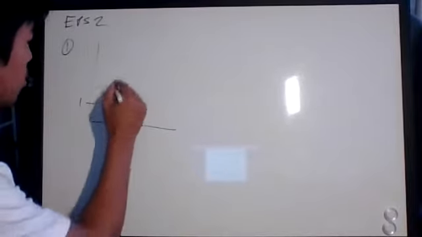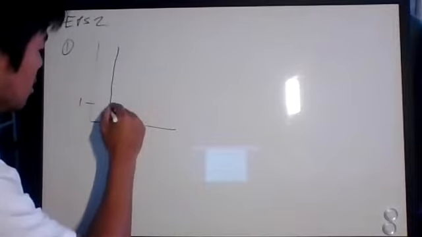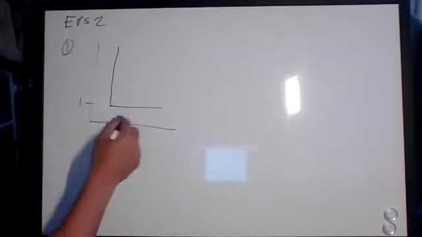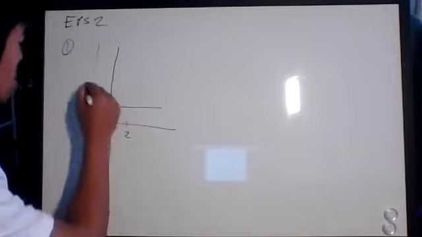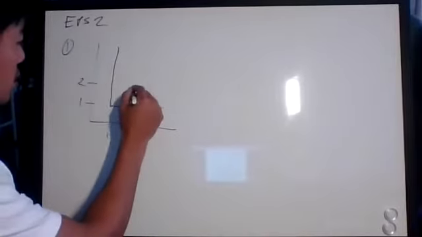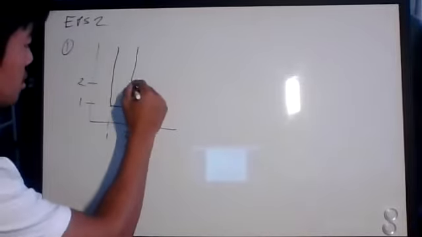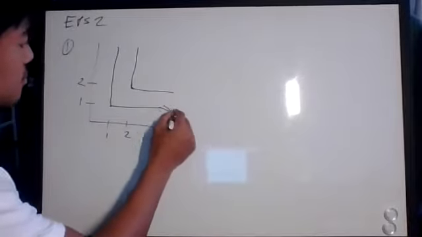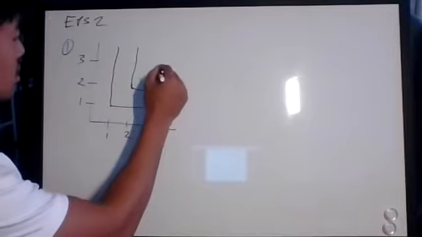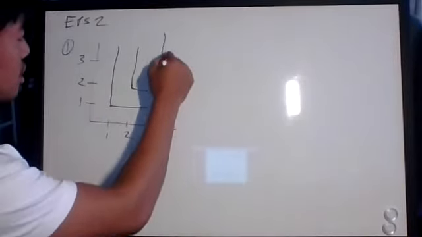So it'll be 1, 1. This will be a point, and then this will be the L shape that comes through it. This is 2, 2, and here's another L point, a kink. And here is 3, 3.